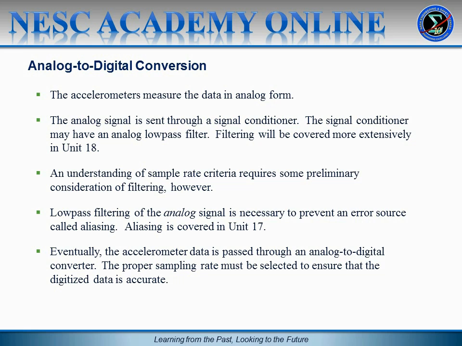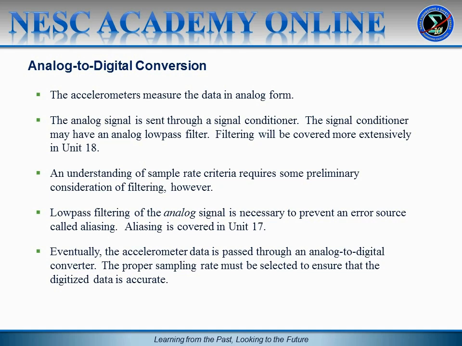An understanding of the sample rate criteria requires some preliminary consideration of filtering, however. Now, low-pass filtering of the analog signal is necessary in order to prevent an error source called aliasing. And later in this unit, we'll be looking at a slide which shows a graph of the aliasing error effect for a sine wave. And aliasing is considered more thoroughly in Unit 17.